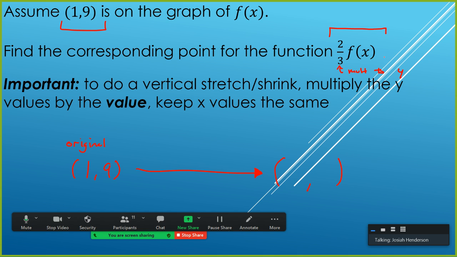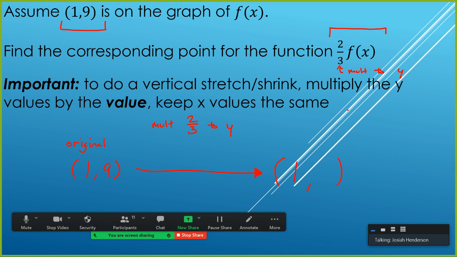And it's to the y because it's outside. So inside or outside the parentheses is telling us basically everything. Is it to the x or y? And it's telling us flipped or original, flipped or face value. So I'm going to write that here. We're going to multiply 2/3 to y because it's outside. That's telling us. So 1 stays the same, or x stays the same.